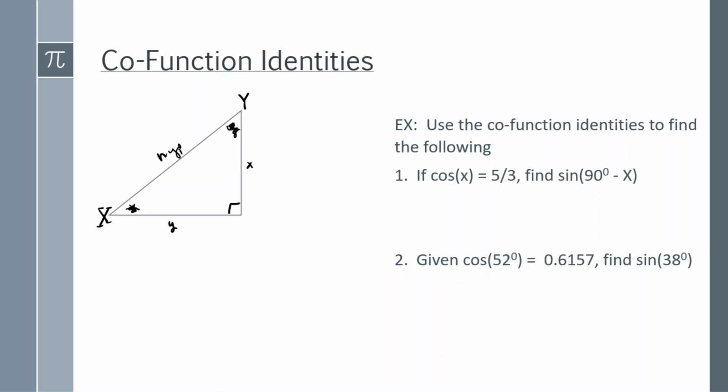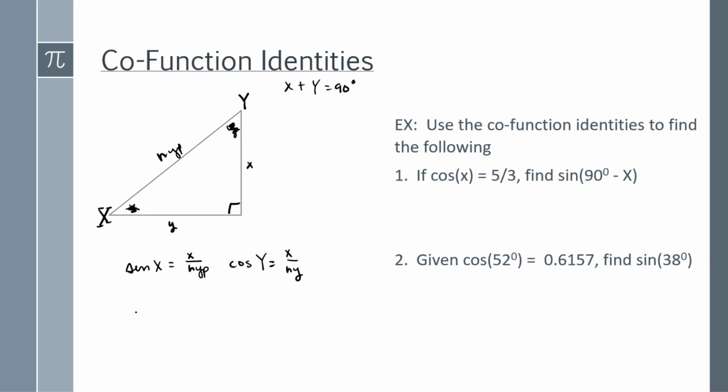So in any right triangle, those two angles are complementary. x plus y has to equal 90 degrees, right? So if I do the sine of x, I'm going to put x over hypotenuse. But if I do cosine of y, I'll also get x over hypotenuse.